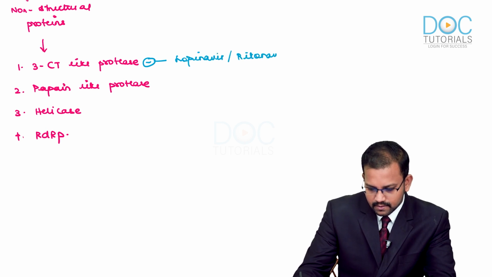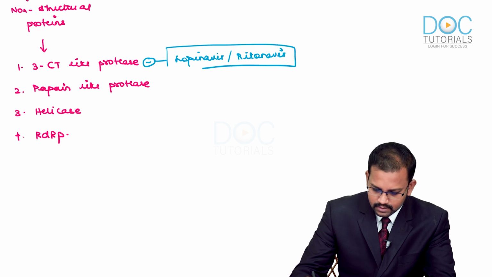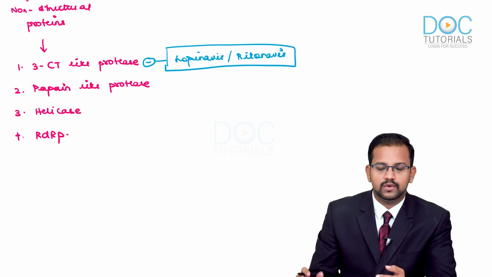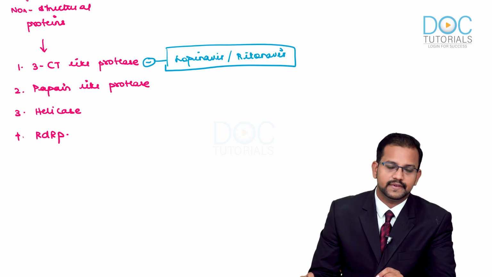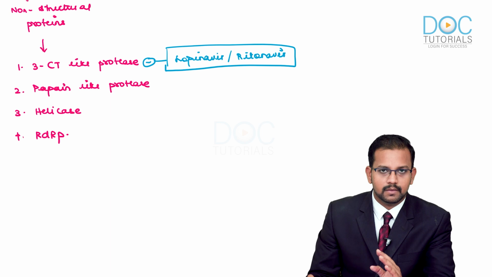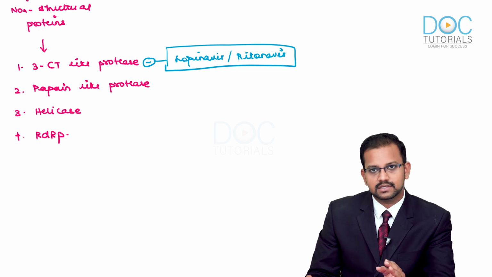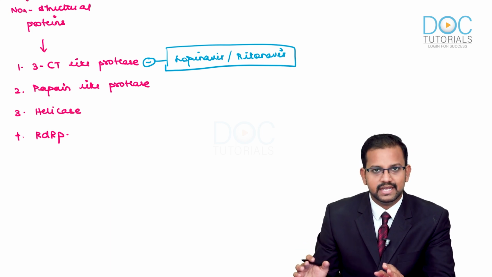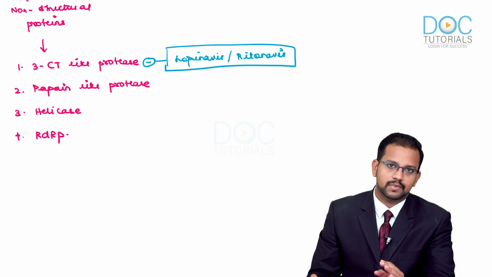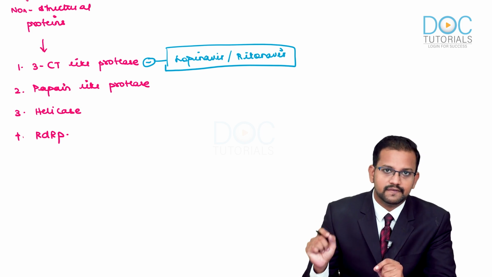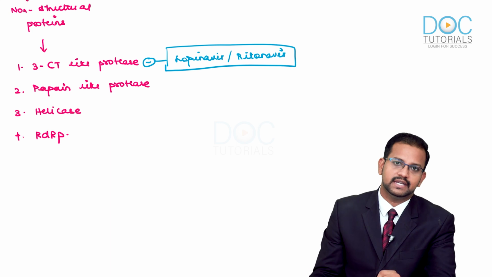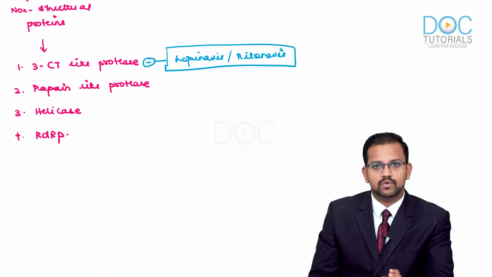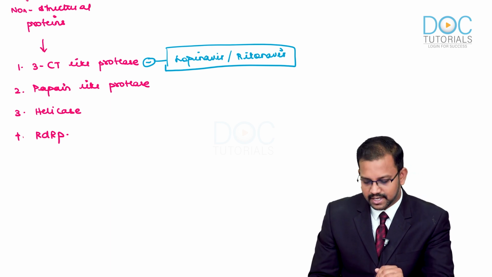We all know this is an HIV protease inhibitor. So based on the structure, we thought that it might inhibit these two, but it was not so. This drug was found to be very much least effective in inhibition of 3-CT-like protease because of structural differences between HIV protease and 3-CT-like protease. Later on, it was found that this drug is going to be least useful in this treatment.